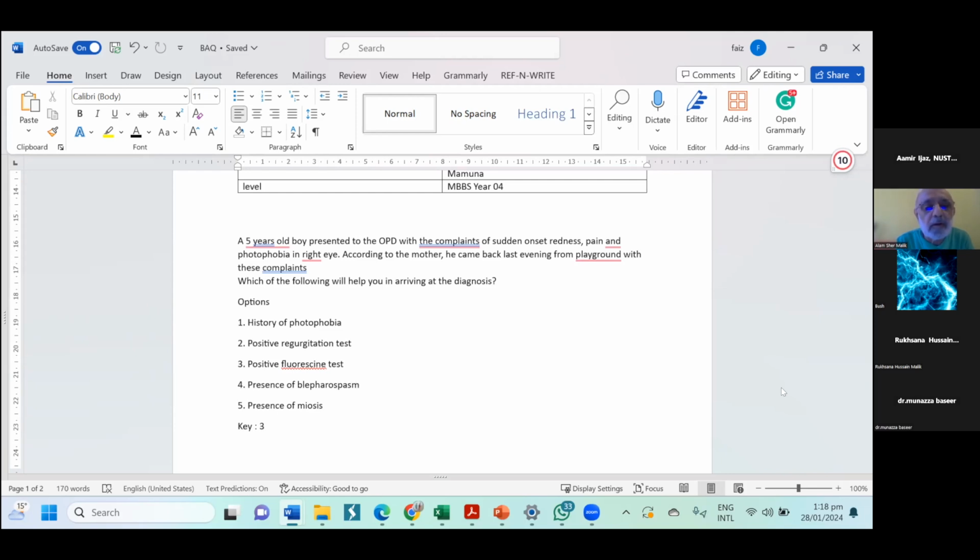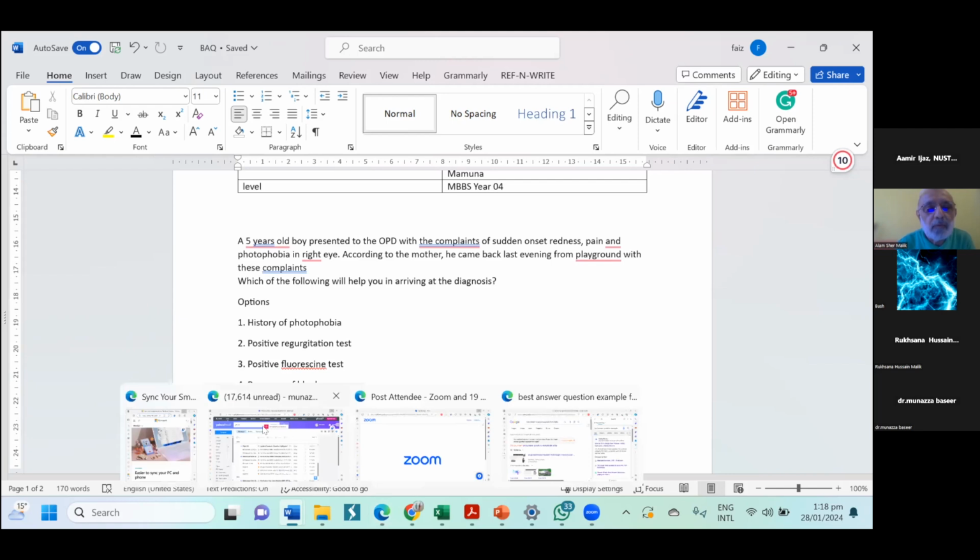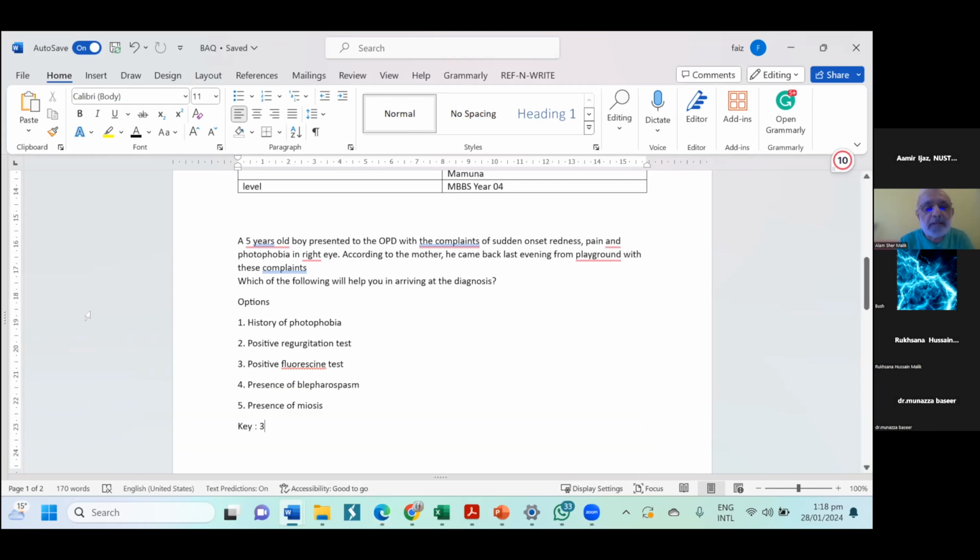For example, if you want to say which of the following tests, there should be all tests. Here, the first is history taking, the second and third are tests, and the fourth and fifth are signs. So either we should take all tests or all signs or all history points, because the options must be homogeneous. That would be one comment about it. Any other comments by any of the participants?